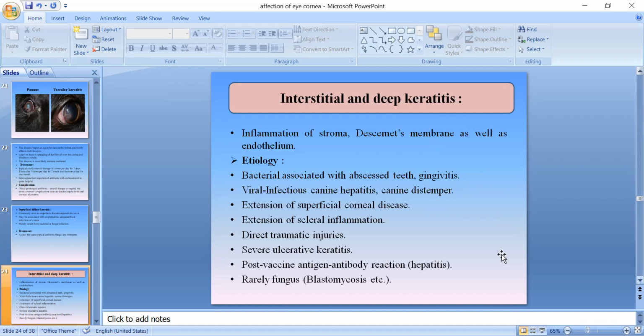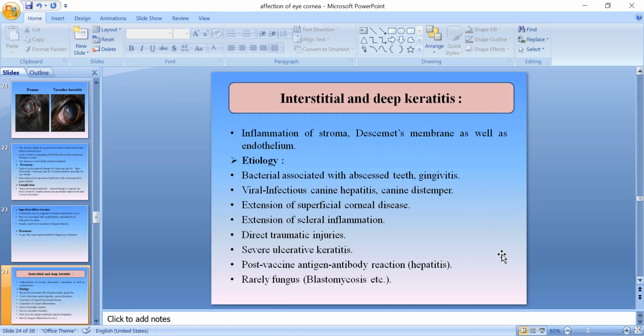Another is interstitial or deep keratitis. Inflammation of the stroma, Descemet's membrane, as well as the endothelium. All inner parts are affected during interstitial and deep keratitis.